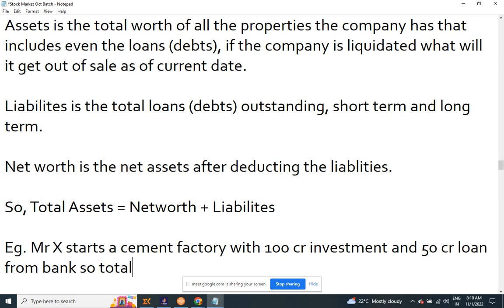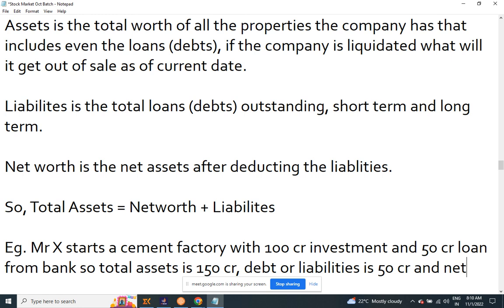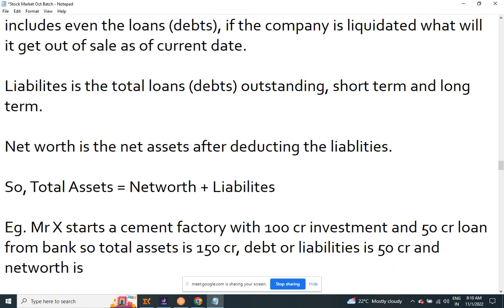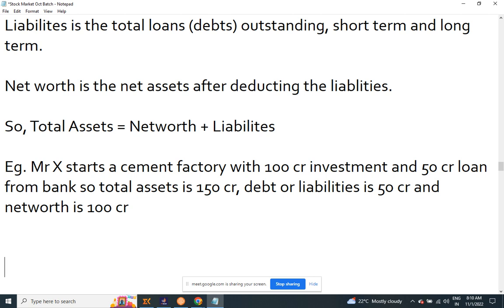So total assets is 150 crore, debt or liability. Quickly note down. Very simple ratio. Hope there is no confusion here.